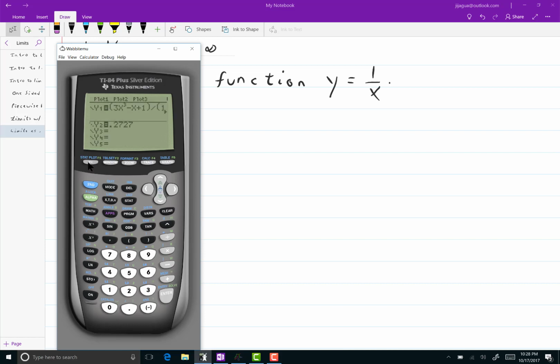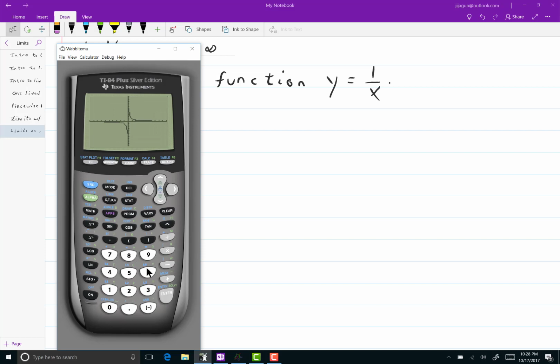Go into the y equals. Please clear whatever is in there. And as usual, into y1, I'll put 1 divided by x. And as usual, I'll do zoom 6 just to get a quick graph to see what I'm dealing with.